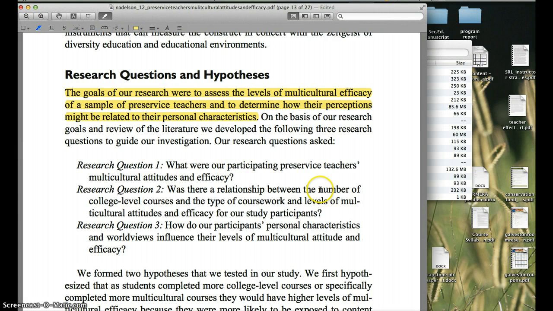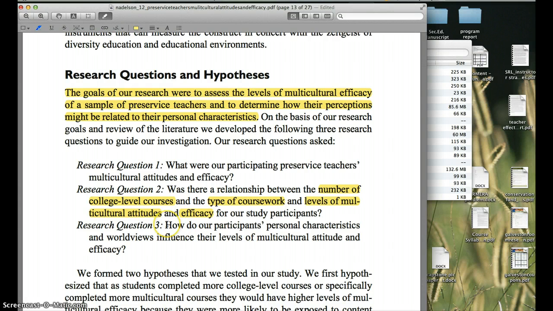The variables identified within this are that they're going to look at number of course levels, type of coursework, and levels of multicultural attitude and efficacy, and see whether those things are related together. So in this one, there's not a real clear independent variable and dependent variable. And that's normal for an associational question or a correlational type of study. That idea of independent and dependent variable is very tenuous in that situation.